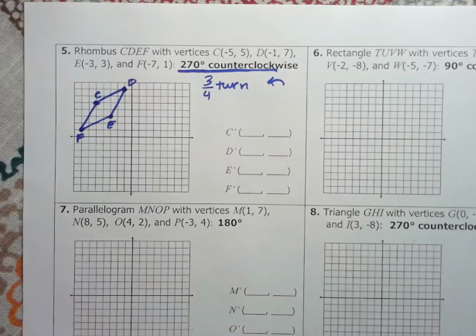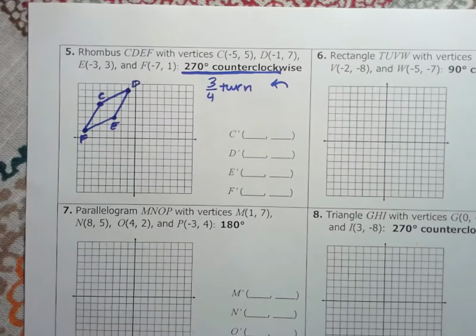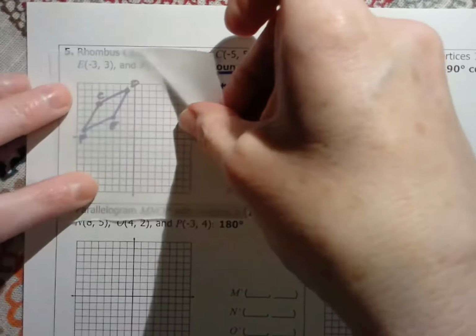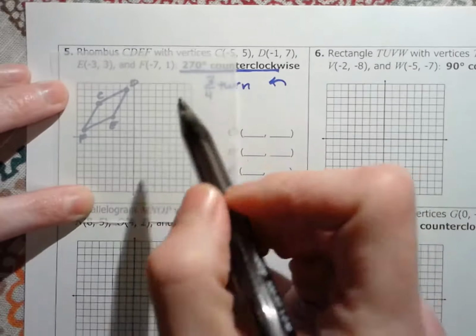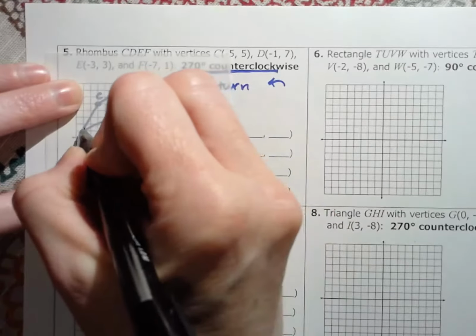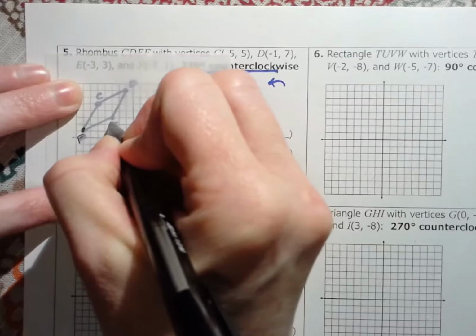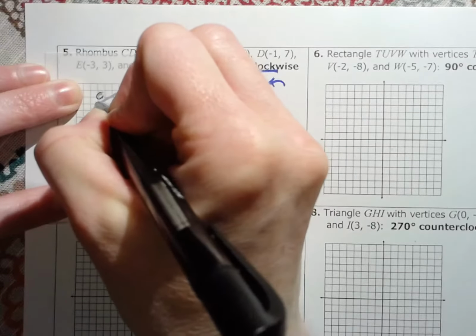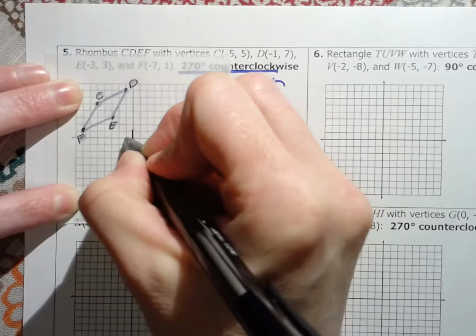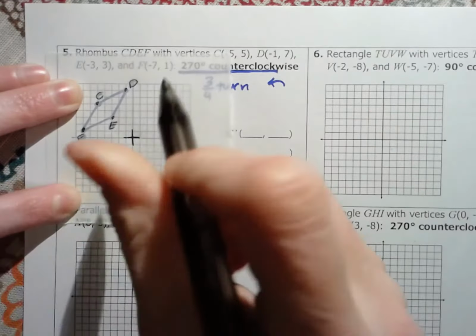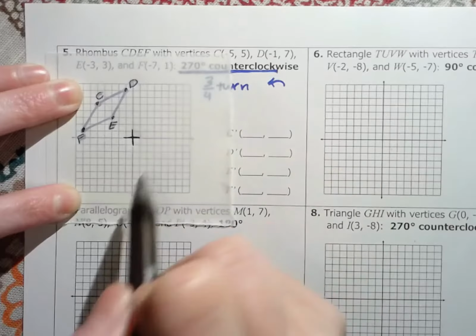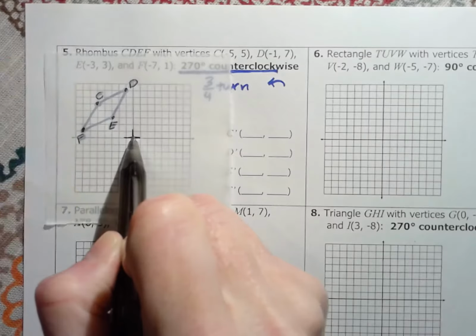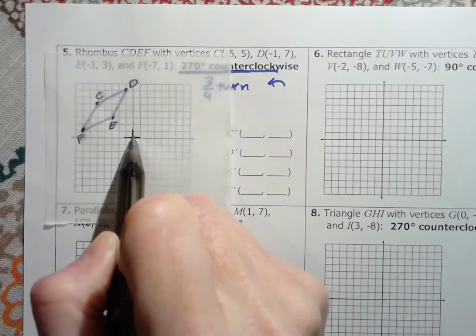You could always just take the one sheet and just spread everything out 4 ways, but here, we'll do this. Okay. So now I'm going to mark my points. Mark my origin. 270 counterclockwise is going to be 3/4 of a turn to the left.